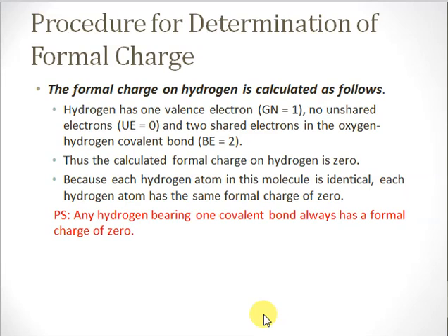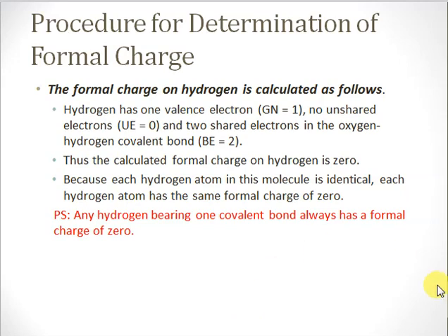So 1 minus 0 minus 1 equals 0. It means that the hydrogens have 0 formal charge. What does it mean? It means that in this molecule the hydrogens are neutral.